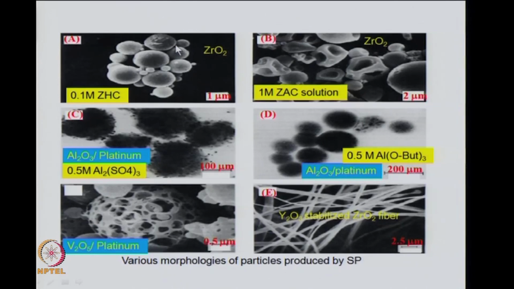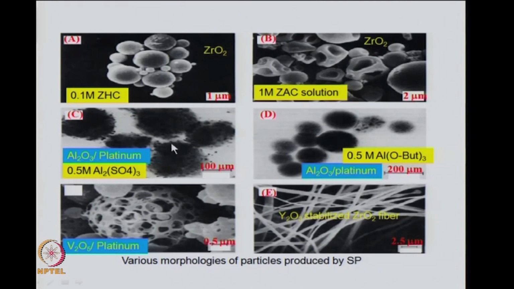Here you have spherical kind of structures, here you have very irregular structures, and so the concentration and the type of reagent that you are using is also different, and that affects the morphology of these particles, which you can see are of the order of a micron or more. So, these are large particles which are grown through the spray pyrolysis method.